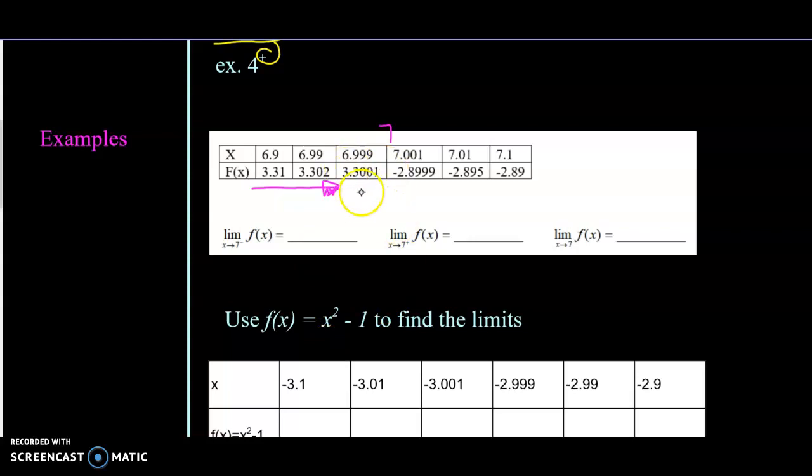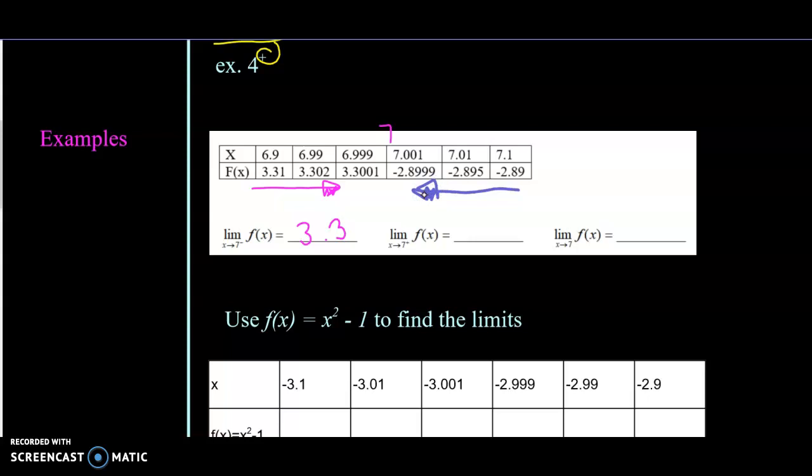In terms of y, what is my y value approaching? This is where you use the f of x. Remember, f of x is y. From the left side, it is approaching 3.3. Now, if you notice, there's a positive. So now I'm approaching 7 from the right side.